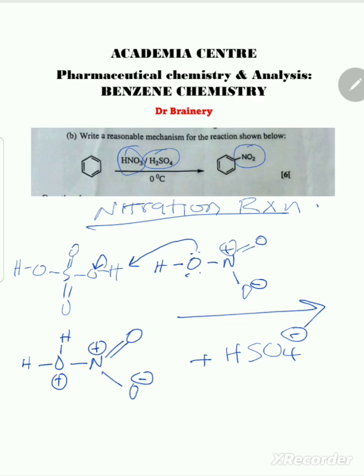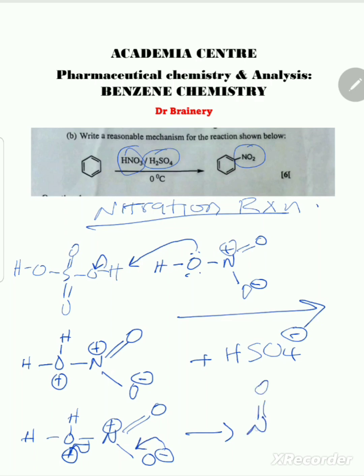Then when we reach there, we are going to have this structure, which is like this, with the hydrogen there, with a positive like this. Since now it has become a good leaving group, this one will go and these electrons will come back here. So we are going to form something like this with a positive, plus the water that has left.